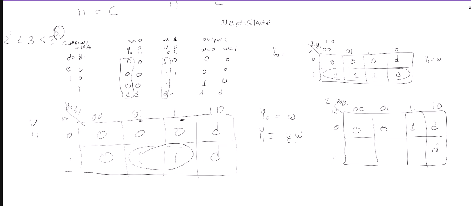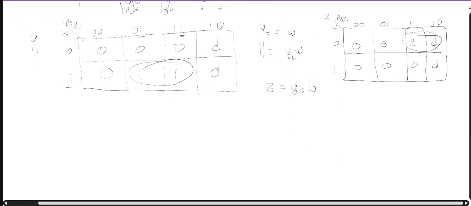And for 1, I have 0, 0, 0. So here's my best cover there. Z equals Y0 Y1 W bar.